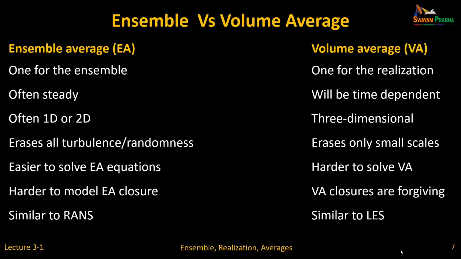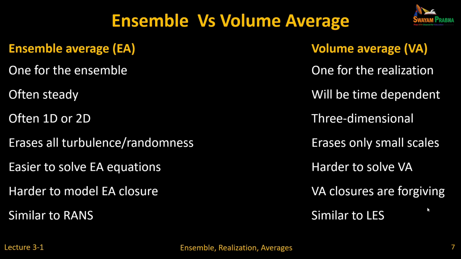On the other hand, I said you could do coarse graining or average over some volume. Imagine that you have the flow and then you fuzz out the details and look at the flow.